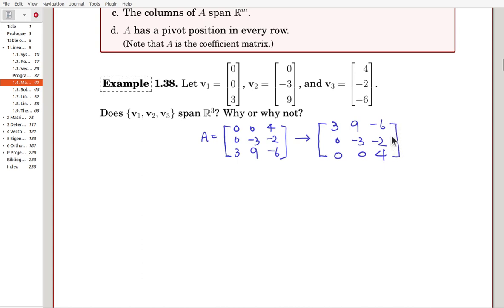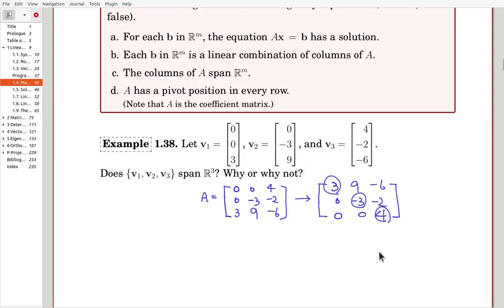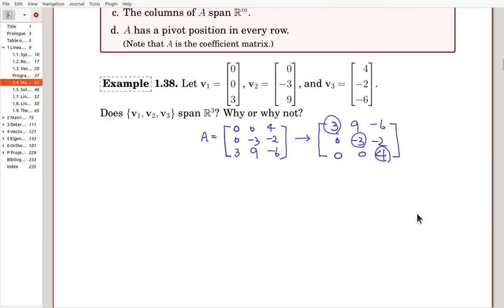For that one, you can easily see this is a pivot, that is a pivot, that is a pivot. So the matrix has a pivot position in every row, right? Quite easily we can check it, so that is true, so the other statement must be true. So for the question, the answer is yes, along with that reason.